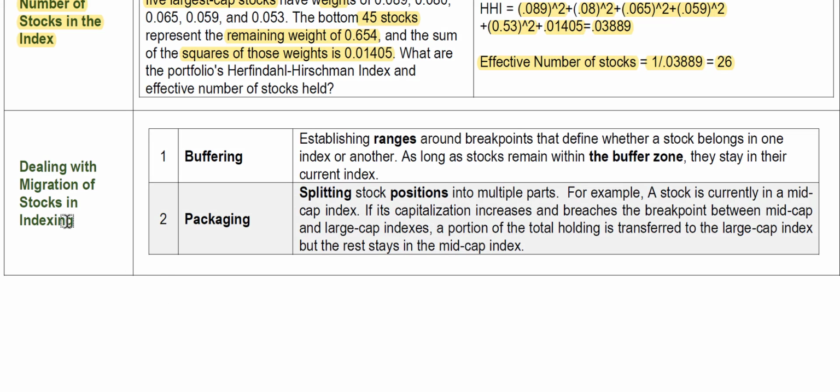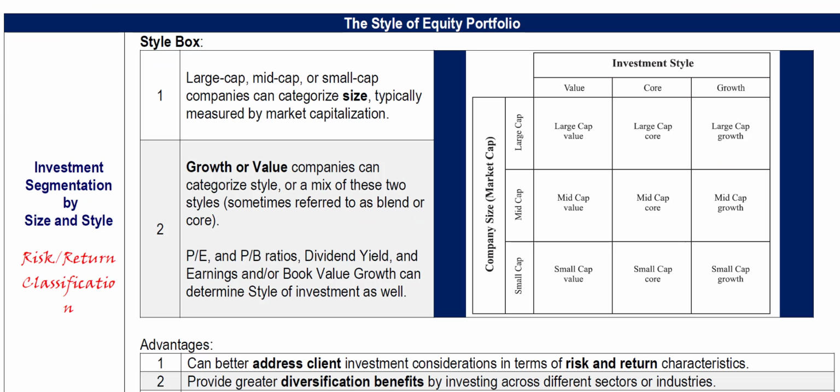Another knowledge point in this reading talks about the migration of stocks in the indexing. What does that mean here? If you remember, previously we talked about the portfolio style, and Morningstar talked about the style portfolio.